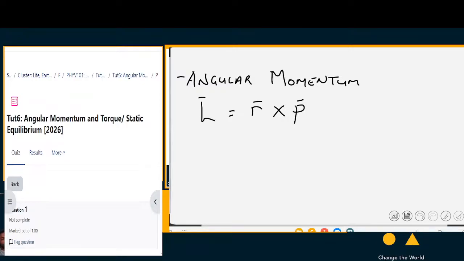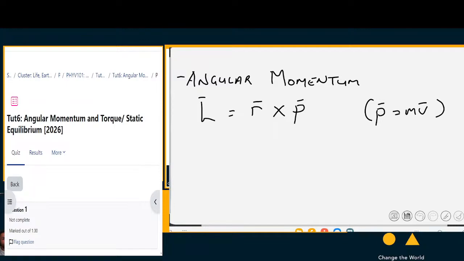And we already know that linear momentum is equal to mass times the velocity. So this is how you calculate angular momentum.